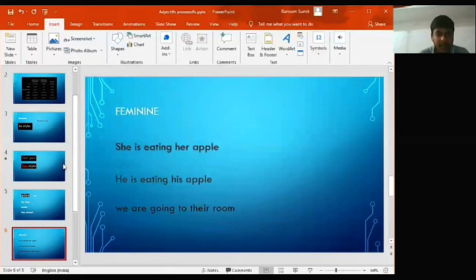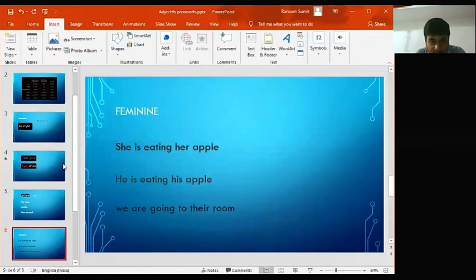Now, similarly, if we change the person we are referring to, say he is eating his apple, the possessive adjective won't change because the noun is still the same and it's a feminine word. So it will be il mange sa pomme.